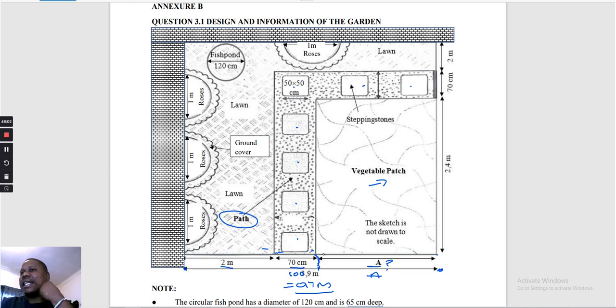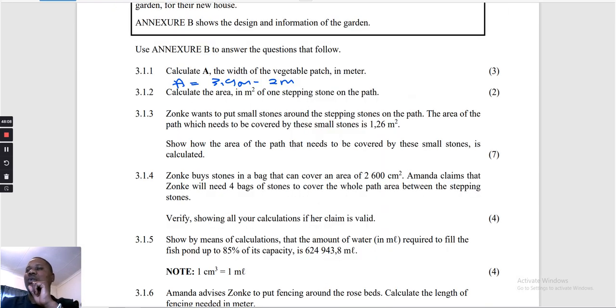The remaining will belong to the vegetable patch. So we subtract again: 3.9 minus 2 minus 0.7. The remaining there is 1.2 meters.